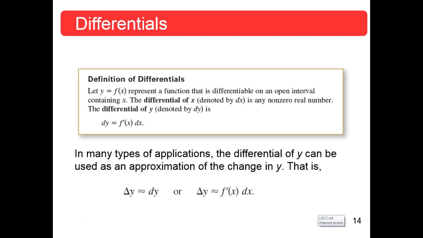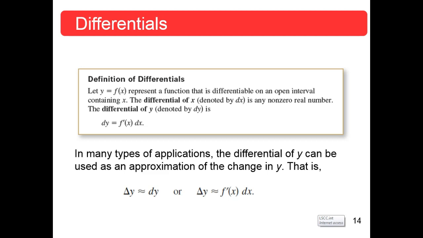Now, here's your definition. Let y equal f of x represent a function that is differentiable on an open interval containing x. The differential of x, denoted by dx, is any non-zero real number, okay? The differential of y, denoted by dy, would then be dy is equal to f prime of x dx, okay?